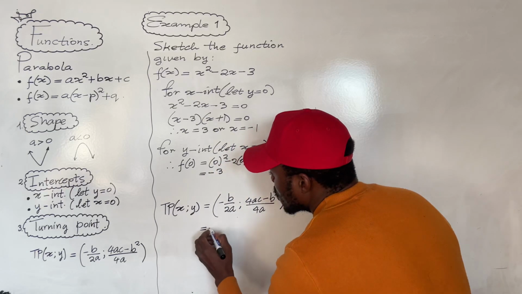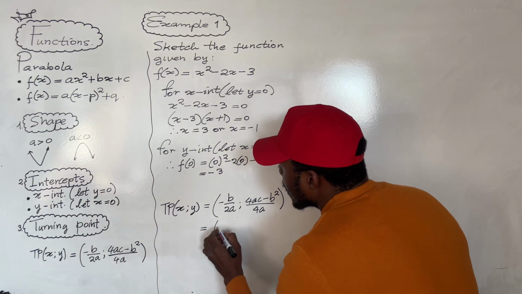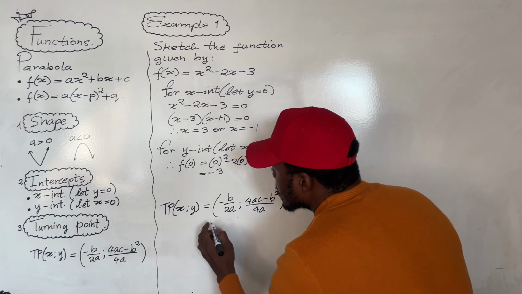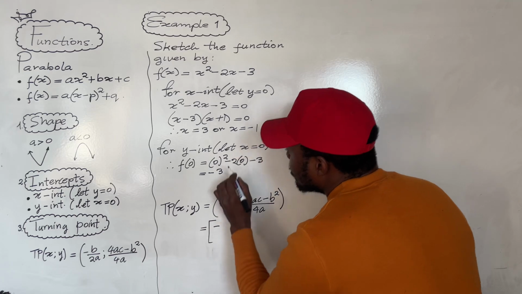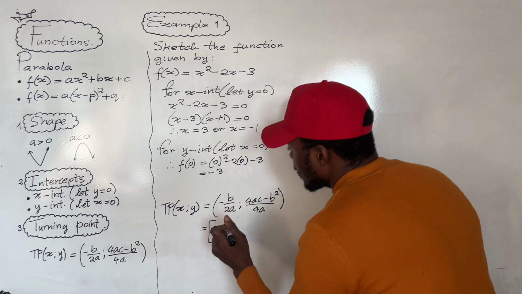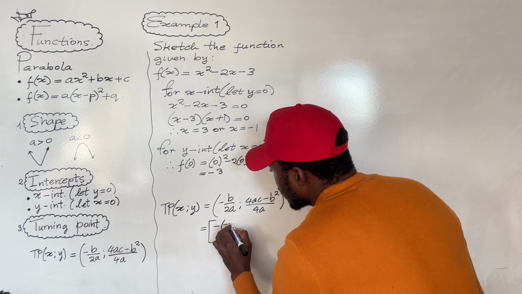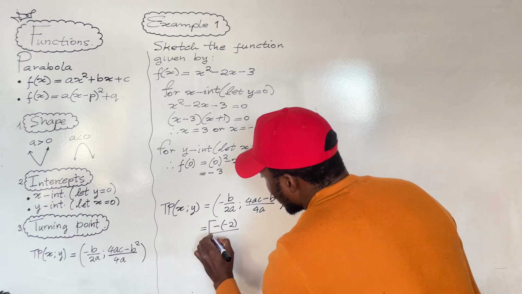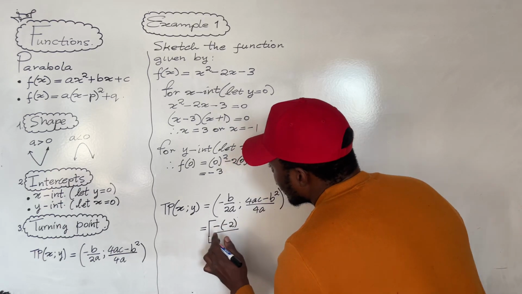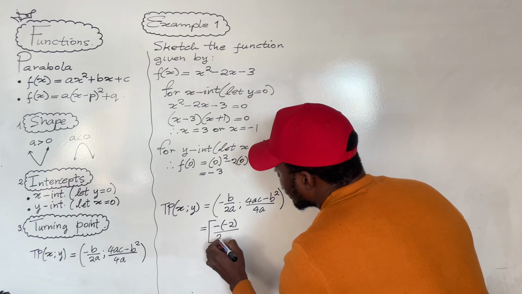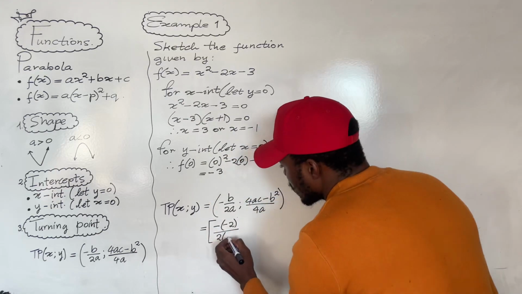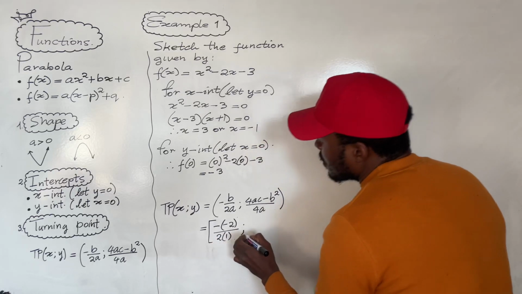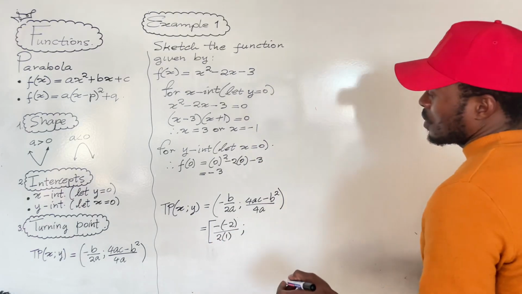Let's start by substituting. We have minus b, the coefficient of x, which is minus 2, all over 2 times a, where the coefficient of x squared, a, is equal to 1. That's for the x coordinate.